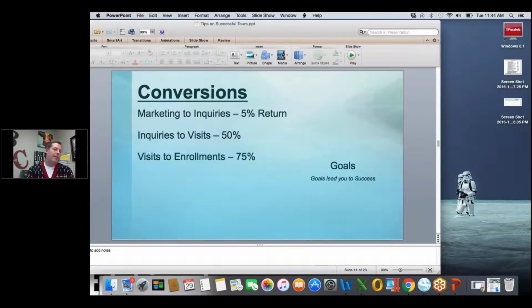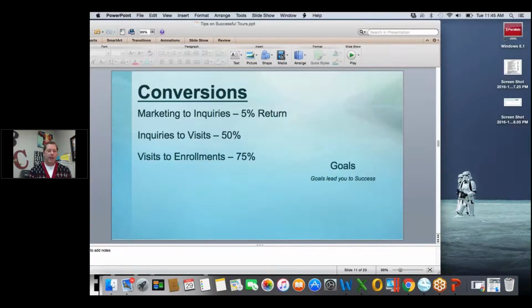I know that doesn't sound like a lot, but let's say that I send out 70,000 direct mail pieces, and you do 5% of 70,000, that's 3,500. 3,500 phone calls, 3,500 inquiries. That's a lot. So 5% is very generous, all right?